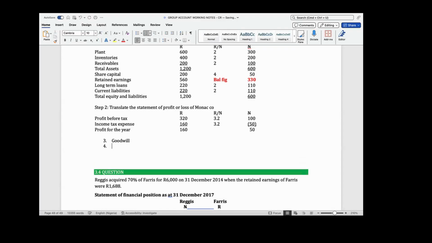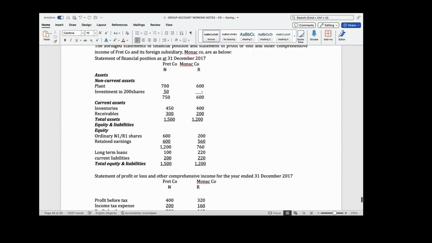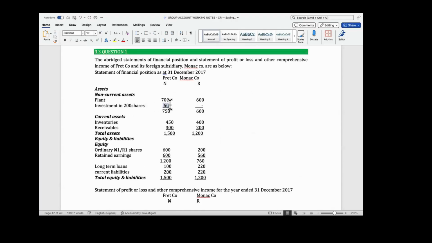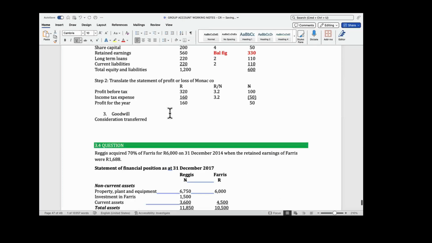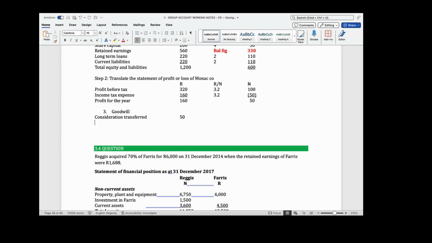And here, what was the consideration transferred to the subsidiary? We paid 50 naira to the subsidiary.